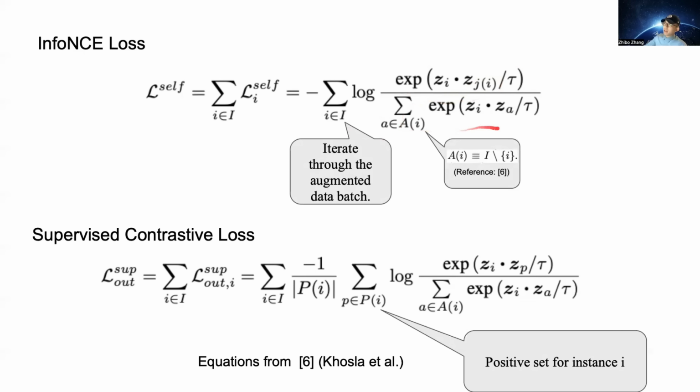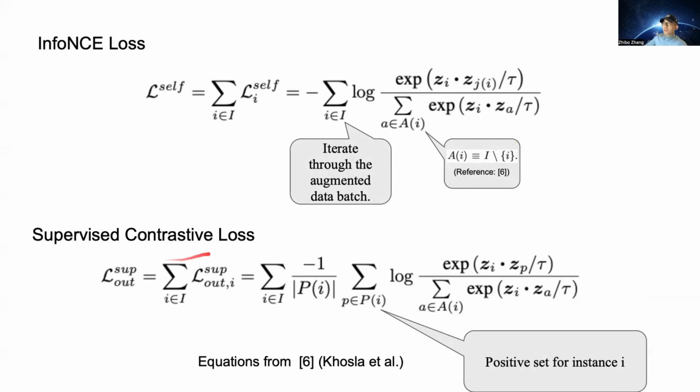In the denominator, it goes through the rest of the examples. So basically A(i) stands for the entire mini batch except itself, and then we sum over them.